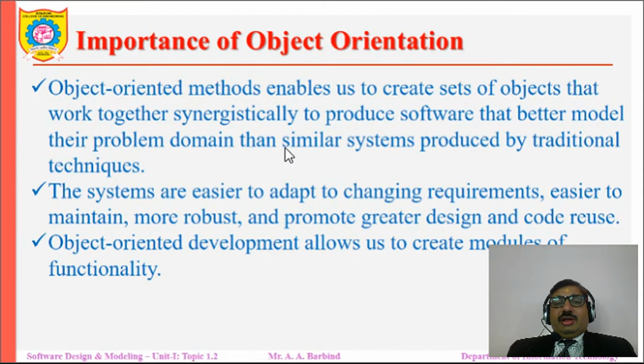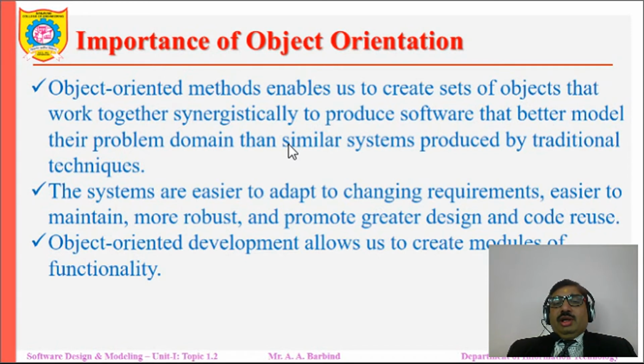The systems are easier to adapt to changing requirements, easier to maintain, more robust, and promote greater design and code reuse. In software development the requirements are going to change, sometimes with smaller changes and sometimes with larger changes.